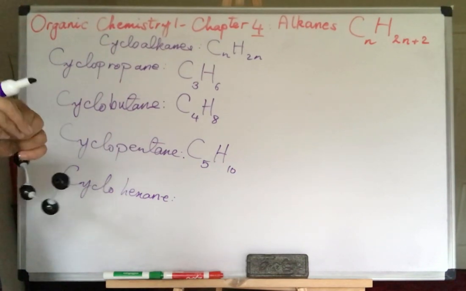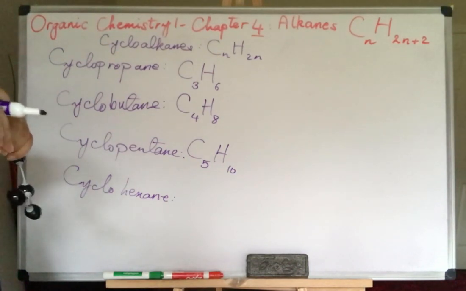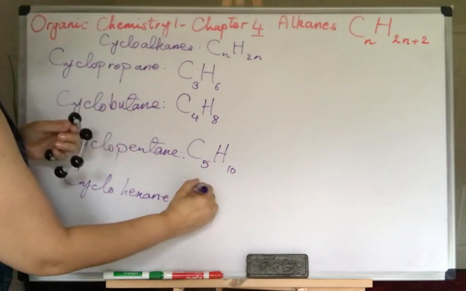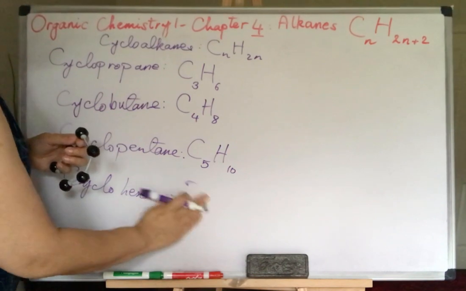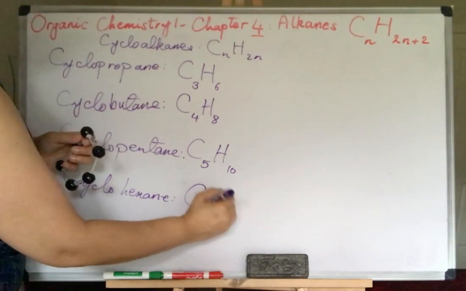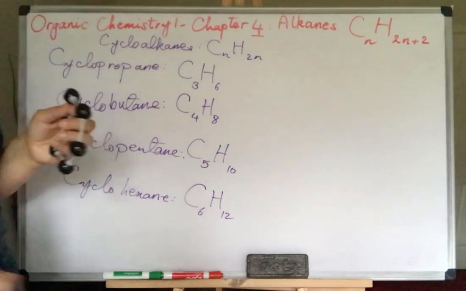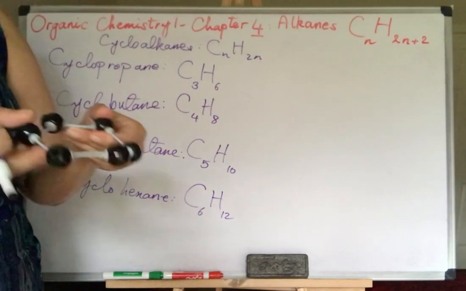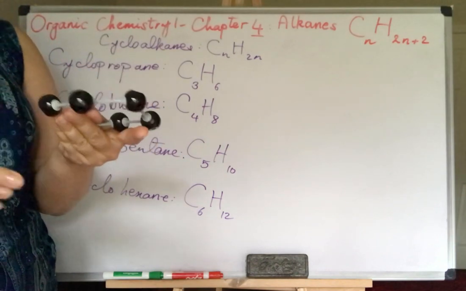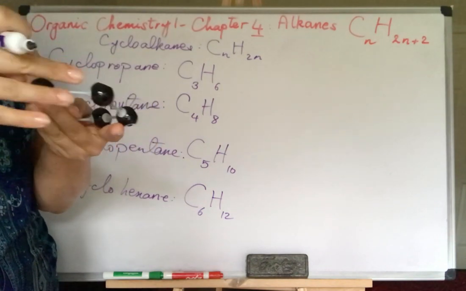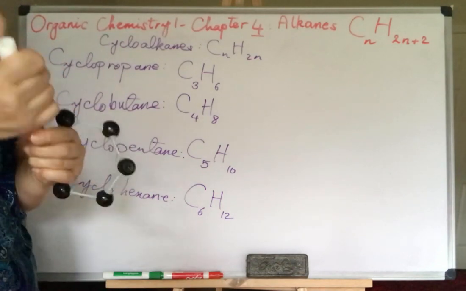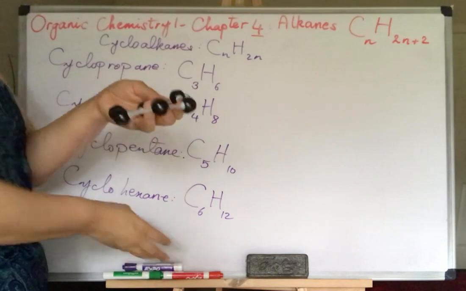So let me add one more carbon to my molecular model, and its formula CnH2n is going to be C6H12. Again, two hydrogens to each carbon. Cyclohexane is not flat, and I have not shown the hydrogens because it would be a very crowded molecular model.